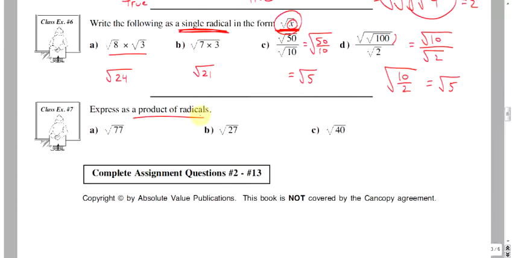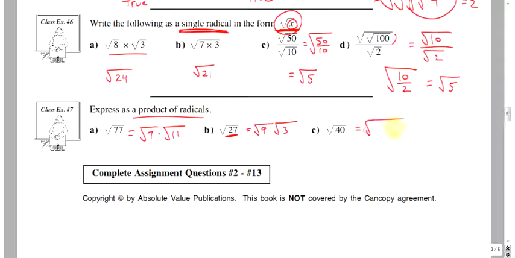Now we're going the other way. I want this as a product of radicals. That's what it says, right? Multiply means product. What can I split 77 into? 7, 11. Get a Slurpee. 27. Can I split that up into two radicals? What goes into 27? 9 times 3.